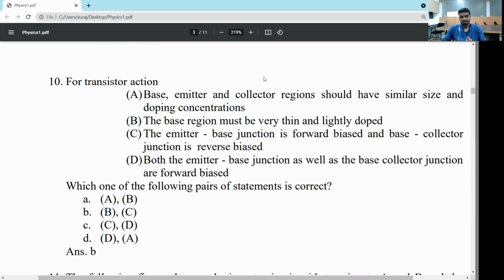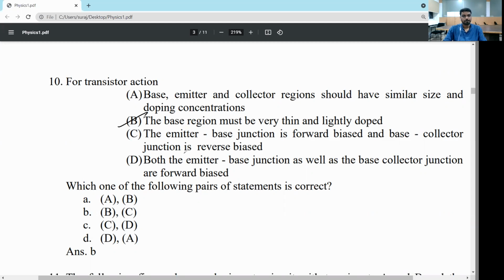Emitter is of moderate size, base is thin, collector is large. The base region must be very thin and lightly doped, so that electrons and holes do not recombine.